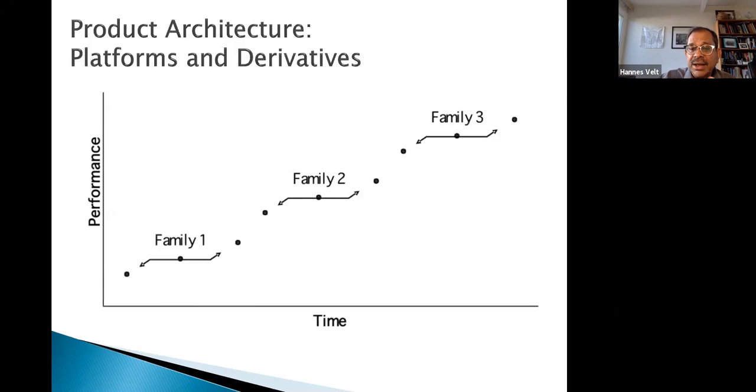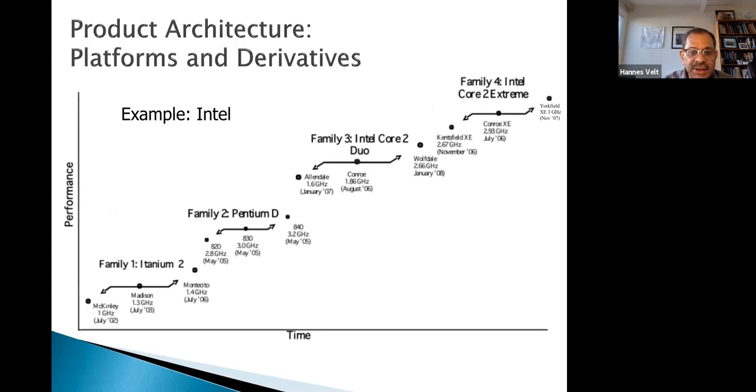And what you've done essentially, if you're able to successfully execute this, is you're preventing any new competitor from coming in because you've just offered the whole range of products and services that cover the entire white space of performance. And that's when you get dominance from a company like Intel, which is a master of this particular strategy.